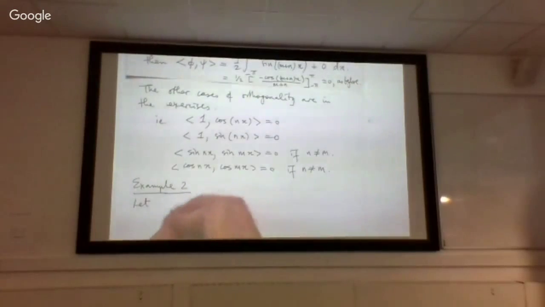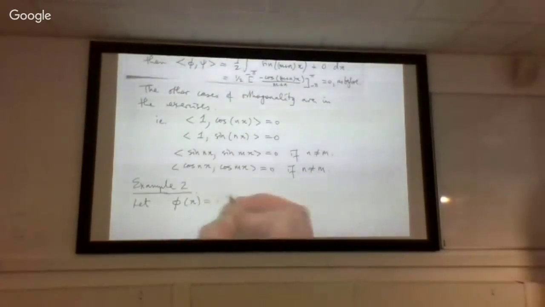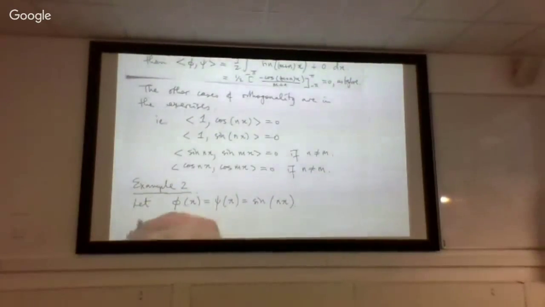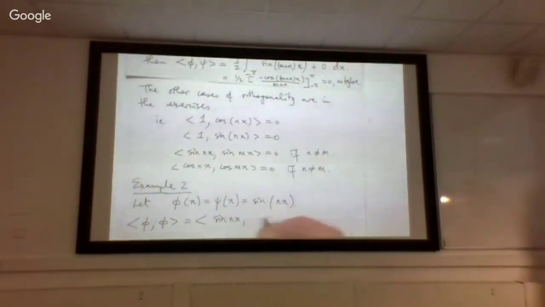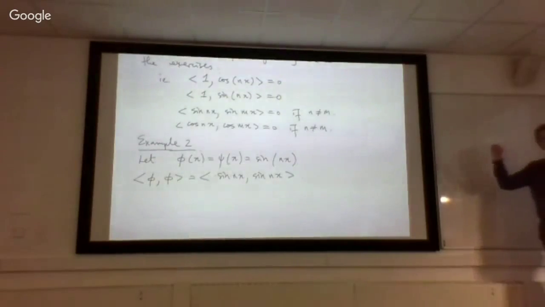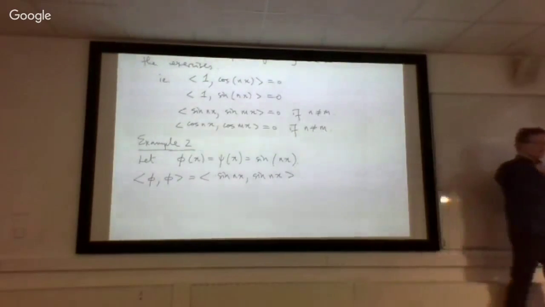So if we let phi of x equal psi of x, let's take one of the sine functions. What's the inner product of phi with phi? What happens when you take the inner product of one of the sine functions with itself?